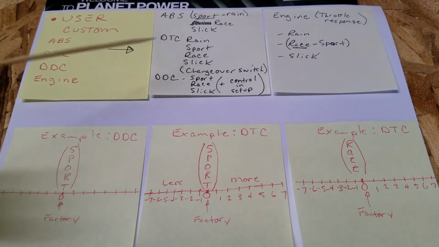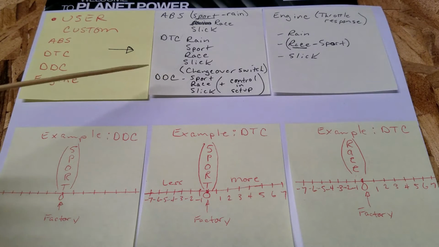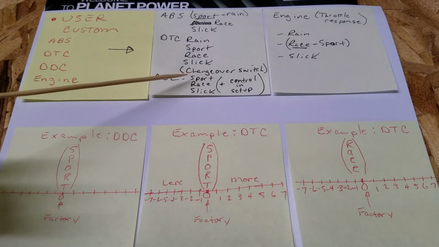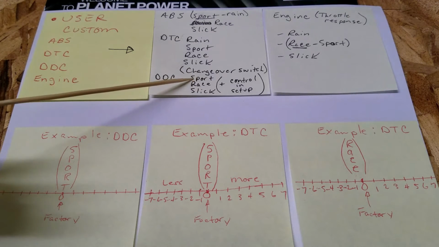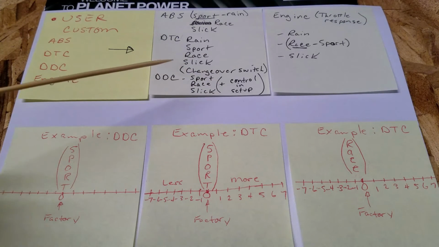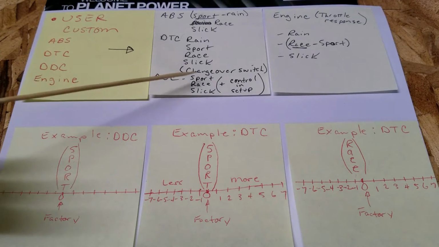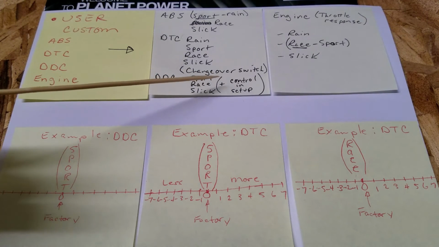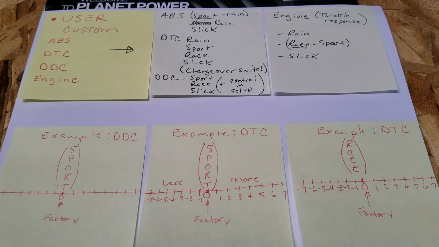And then you can also further customize damping control. For example, you can set your damping control, say let's go into Sport, but then if you go back and watch my other video on how you can adjust your DDC, you can further step away from the factory behaviors of, say, Sport, and then control the damping behavior and rebound and compression on the rear shock and general damping on the front even further to your liking.